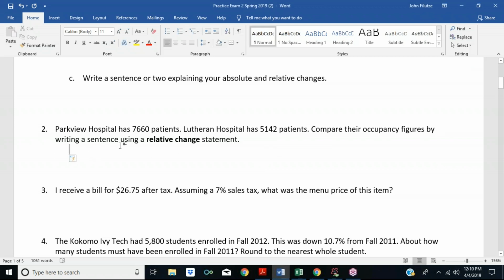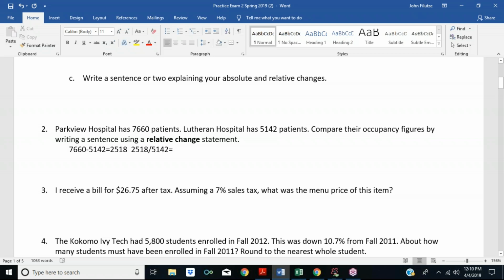If we're using Parkview as the new and Lutheran as the old, we would do 7660 minus 5142. And what is that? 2518. And then we would take 2518 divided by the old, the 5142.